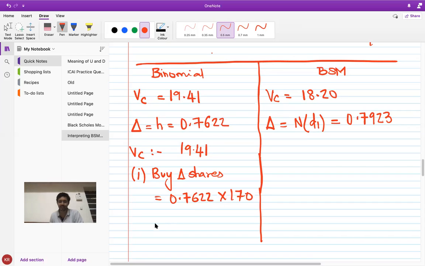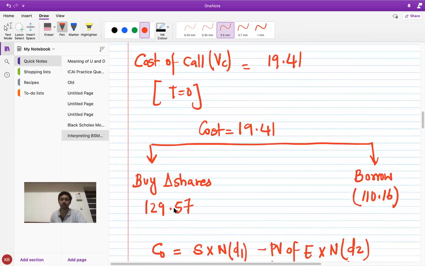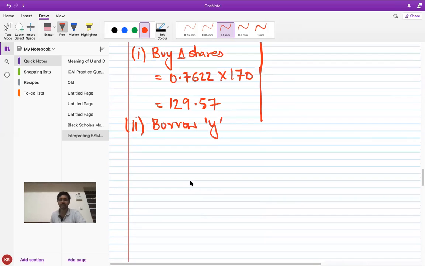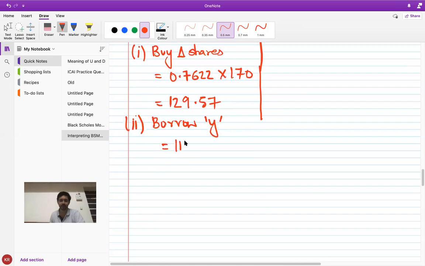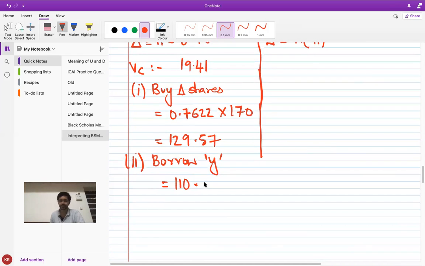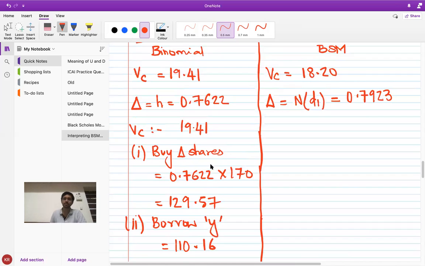This is the calculation that we did above. 0.7622 into 170 is 129.57. And the second component is borrowing Y, where Y is equal to 110.16.